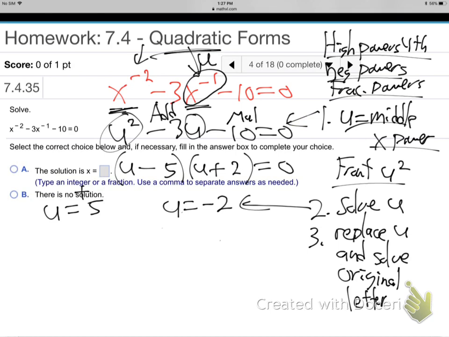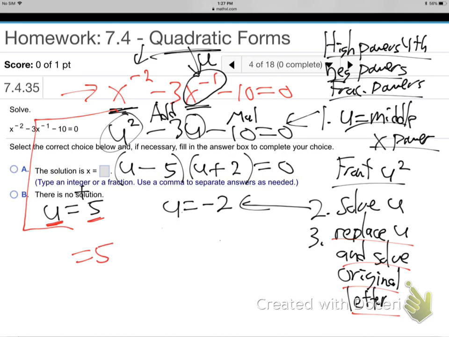And now step 3, replace u and solve for the original letter. You always got to go back to the original. It's kind of like a sandwich. See how we have all this u stuff in the middle? See how we started with x, did a bunch of u stuff in the middle, then we go back to x at the end. How do we do that? Well, we know that u is 5.